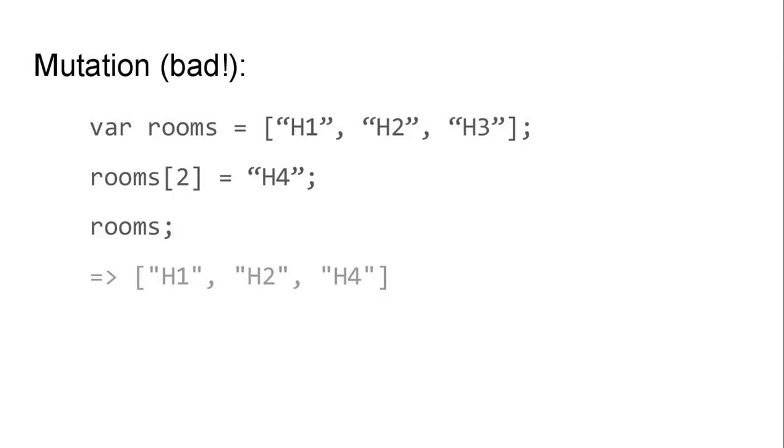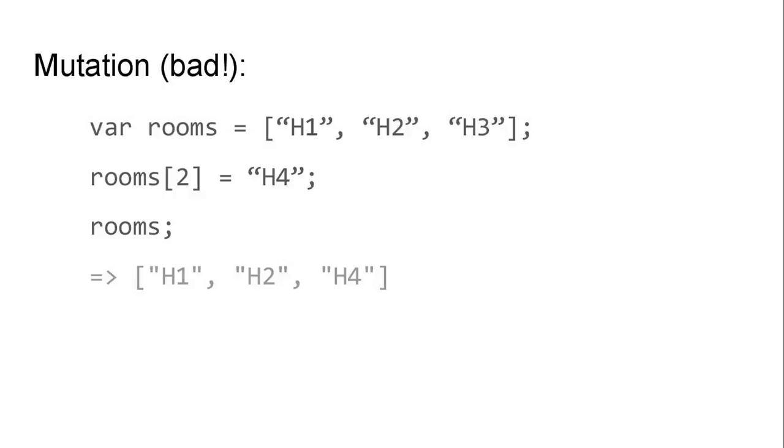So let's take a look at an example, just because for me this was another thing that required a little head wrapping. So this would be an example of mutation, which is non-functional. We have a rooms variable which stores a list of h1, h2, and h3. Because that's what we thought the rooms were, at least that's what I thought the relevant rooms were. And then we say, no, actually, it's not h3, it's h4. So let's replace the thing at index 2 in rooms with h4.